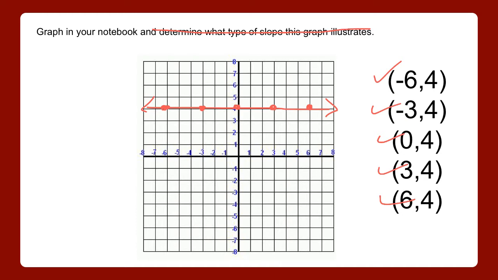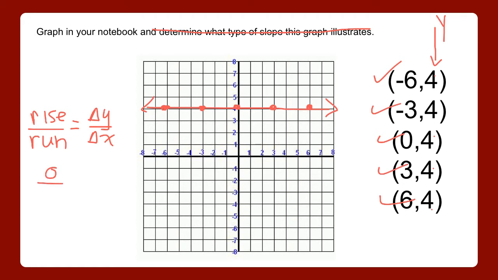When we do slope, we're actually looking at the rise over the run. We've talked about this in previous lessons. We thought about it as a change in y over a change in x. If we look at our y's, 4, 4, 4, 4, 4, there is no rise. It's not going up.